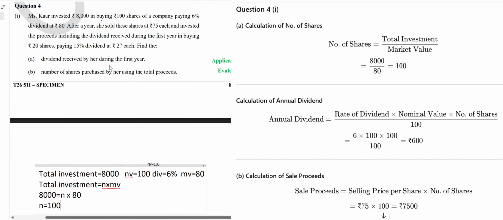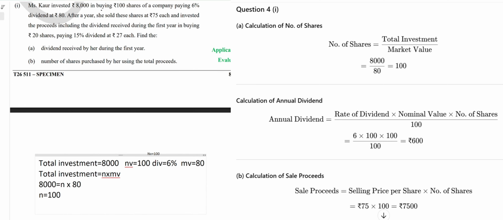Dividend received by her during the first year. Dividend on the first year equal to N into dividend on one share. This is the total dividend. Dividend on one share is 6% of NB.